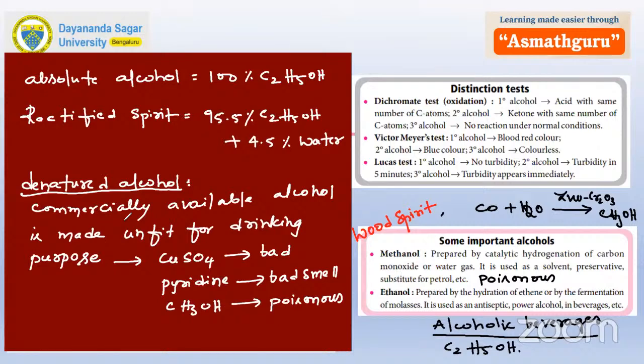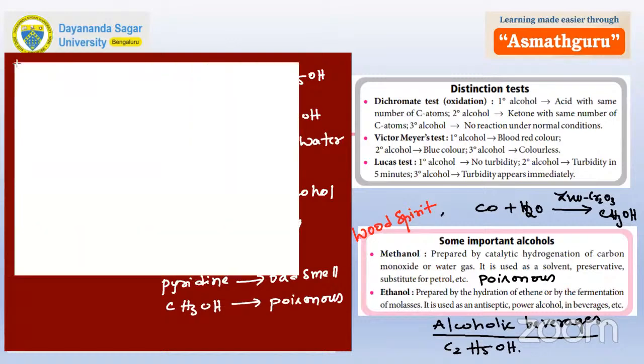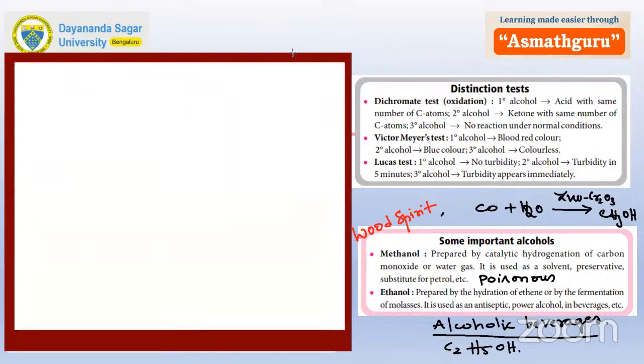You have to know a little bit about methanol and ethanol also. Ethanol can be obtained by fermentation. There are two ways you can obtain it. Either you can get it from molasses. Molasses is the waste obtained after crystallization of sugar.